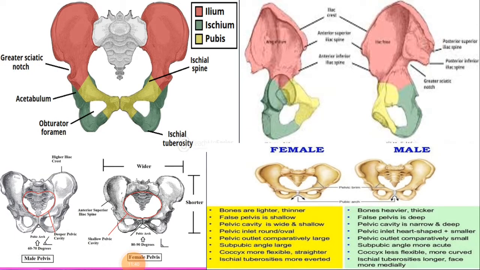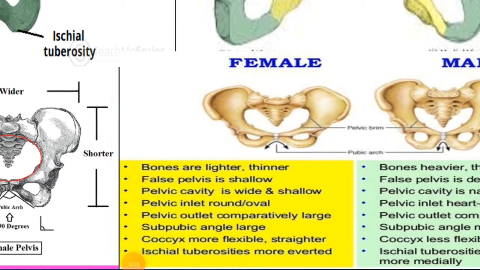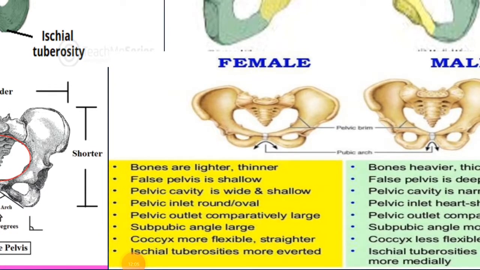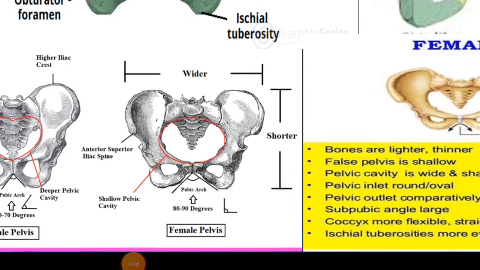The pelvic inlet, this part, is heart shaped in male, and the pelvic inlet in the female is more rounded or oval, and it is large as compared to the male pelvis. Another thing is this pubic arch, and there is an angle as well.